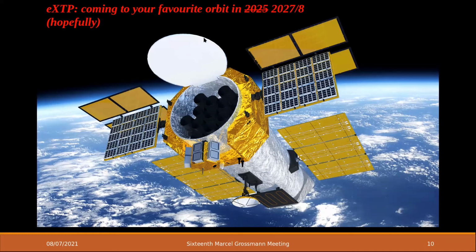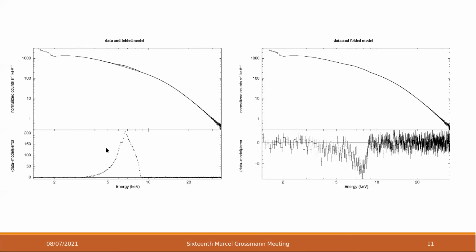And what we find is, frankly, kind of amazing. Just to give you an idea of the huge signal to noise ratio that eXTP has, these are the residuals that you get if you don't account for the iron K alpha profile. And you can see perfectly the shape of the iron K alpha line.